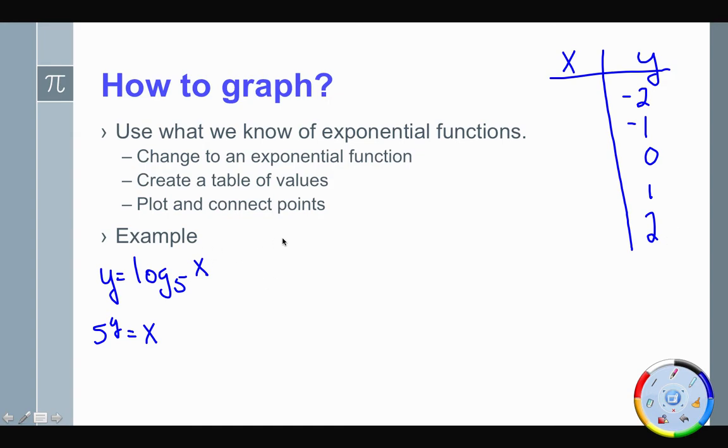So if I plug in -2, I get 5 to the power of -2, which is 1 over 5 to the positive 2, which is 1/25. 5 to the -1, which is 1 over 5.